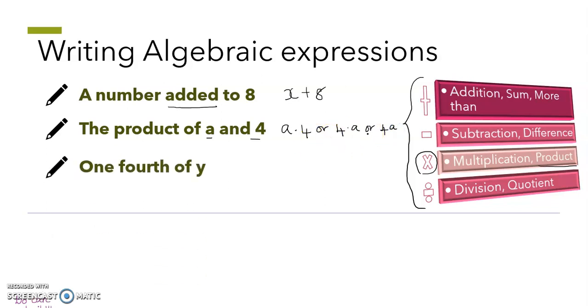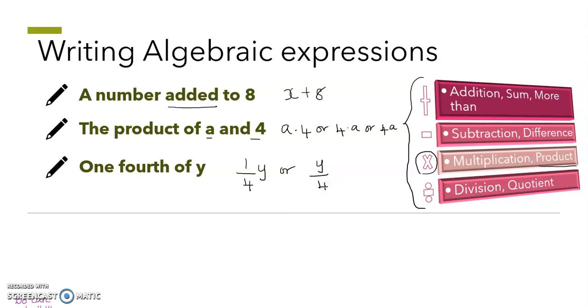Now 1/4 of y. So 1/4 means what? It is a fraction. We have learned in primary grades. So 1/4 can be written as 1 over 4, which is nothing but a division. So 1/4 of y, you can write like this or y over 4.